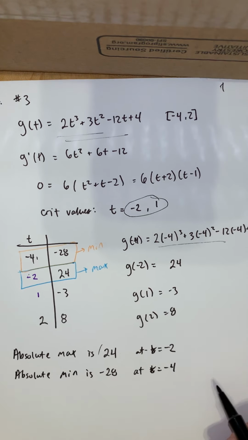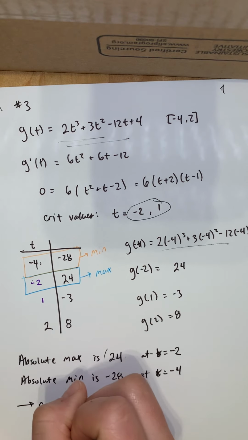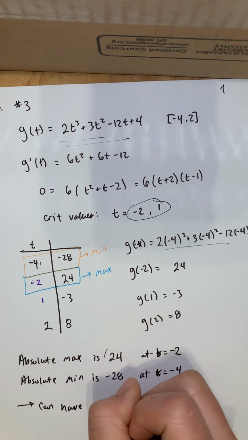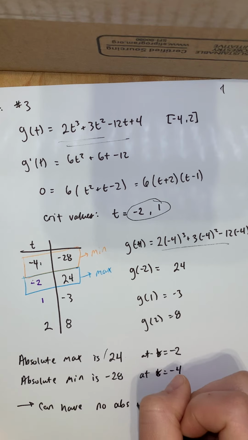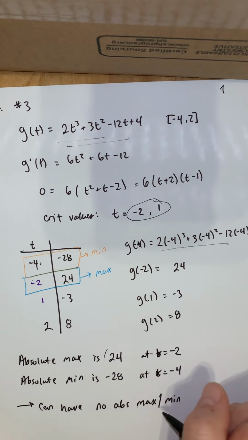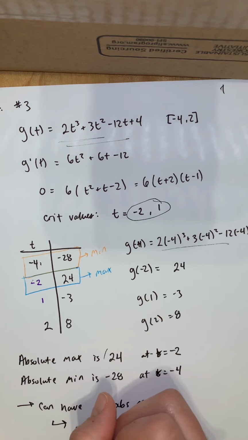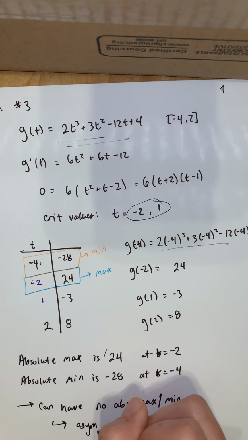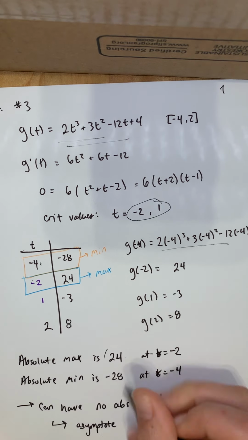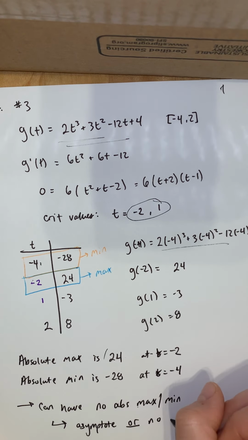We did have a few fringe cases here where we had no absolute max or min. In order for this to happen, there would have to be an asymptote, or if I didn't give you an interval.